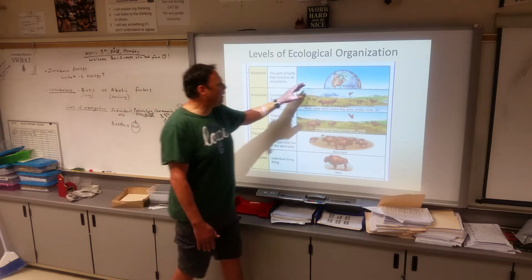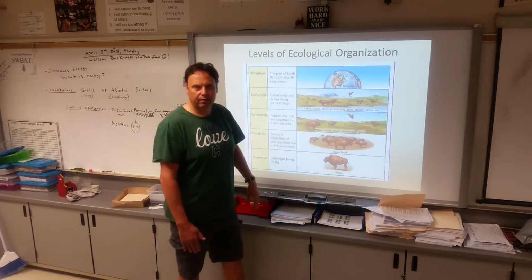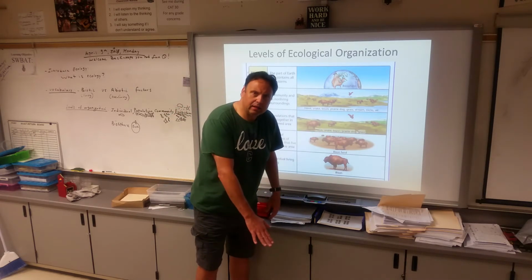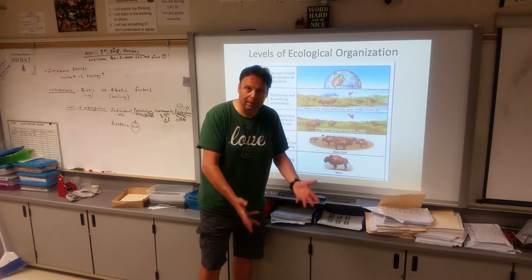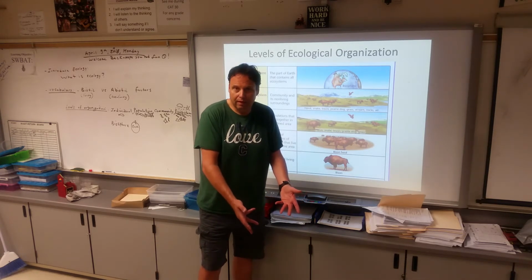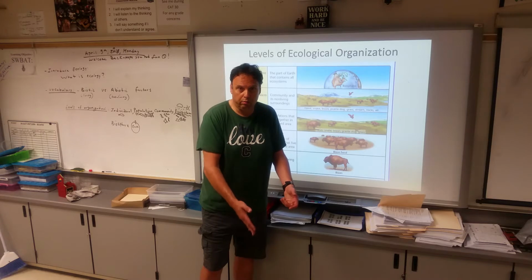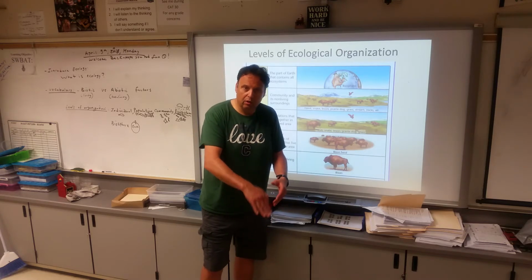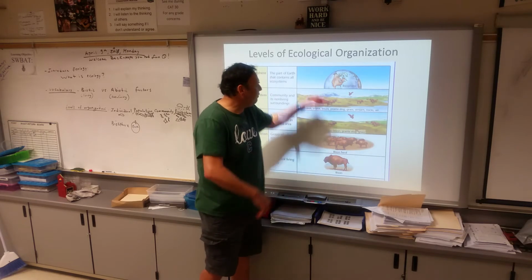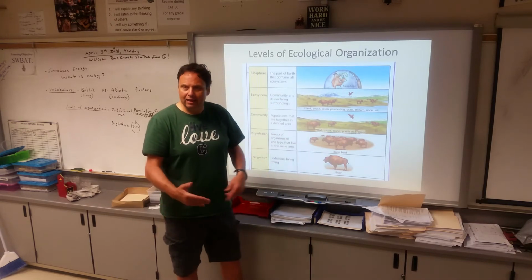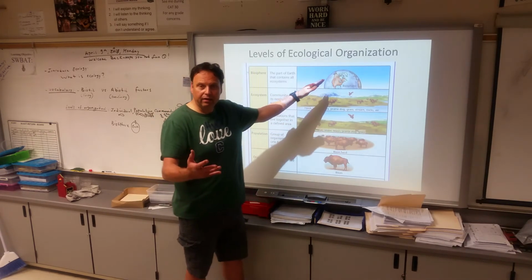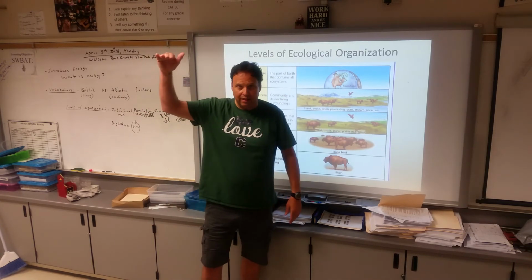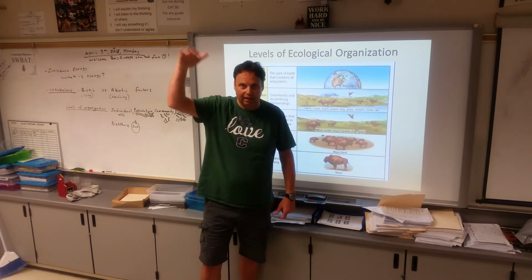And then the largest level of organization is the biosphere. And that's everywhere on the planet where you find life. So that would extend a little bit in the dirt, a little bit in the crust of the planet, because some things live like mole rats or worms. Some things live in the dirt. So as far as you can find life as you dig down on the planet, that's part of the biosphere. And that extends a little bit into the atmosphere, into the air, where living things also exist, like bugs and birds and things that can fly.